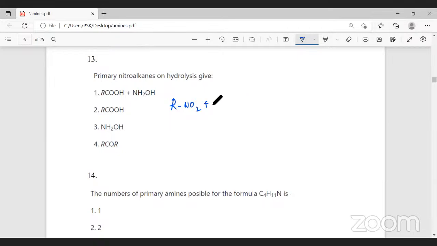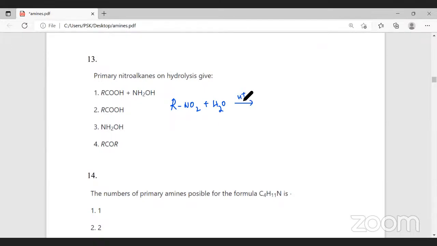When you hydrolyze it in the presence of an acid like dilute HCl, the nitroalkane gives a carboxylic acid and hydroxylamine. Hence, the answer for this question is option 1.